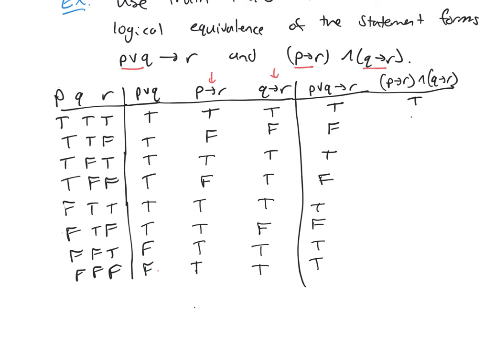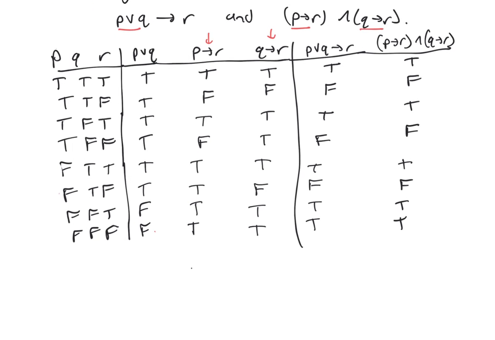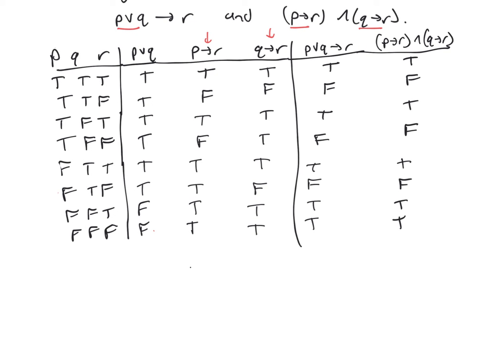So true, false, true, false, true, false, true, and true. So if you look here, these two columns are identical. These are the same, which means that my two statement forms are logically equivalent.